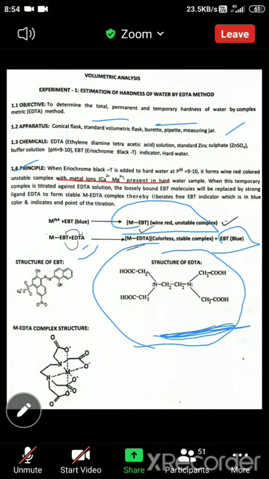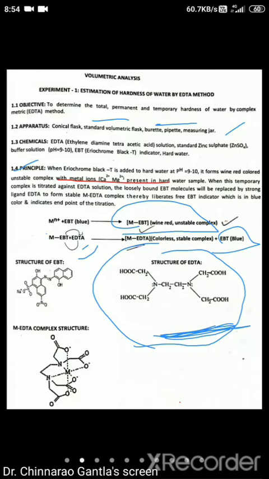The EBT forms a bond with Ca2+ and Mg2+ in water. It is an unstable complex. The indication is that a wine red color is formed. The wine red indicates that an unstable complex is formed.